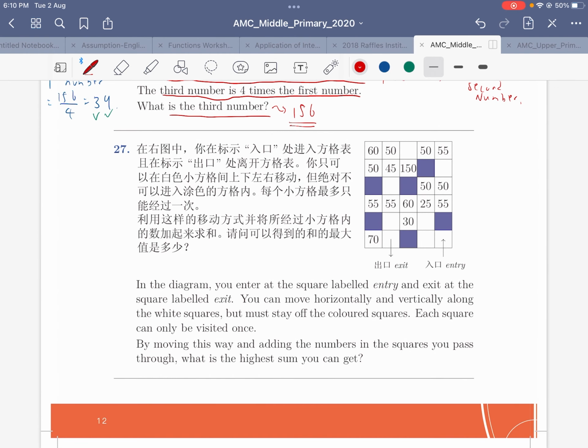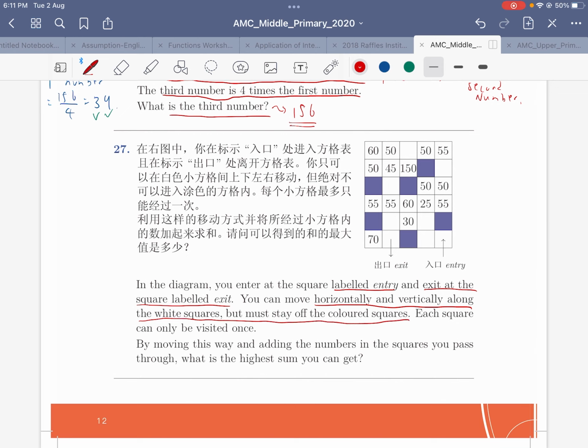So let's take a look at what question 27 is talking about. In the diagram, you enter a square labeled entry and exit at a square labeled exit. You can move horizontally and vertically along the white squares, but must stay off the colored squares.